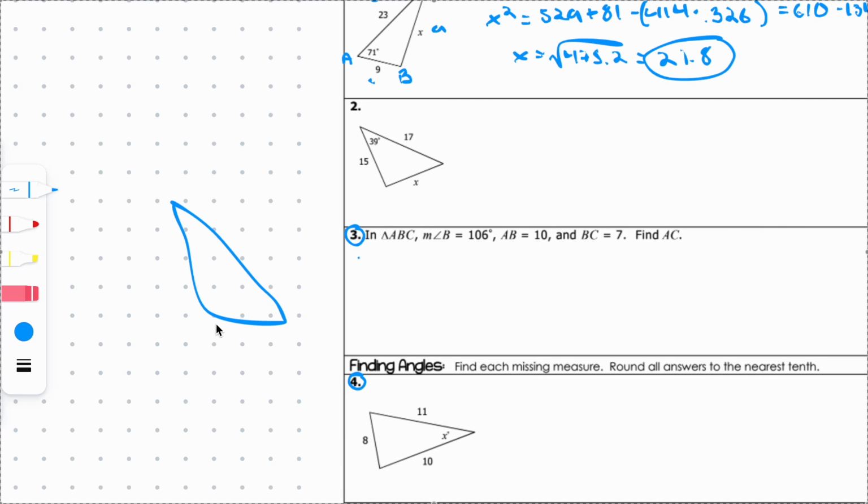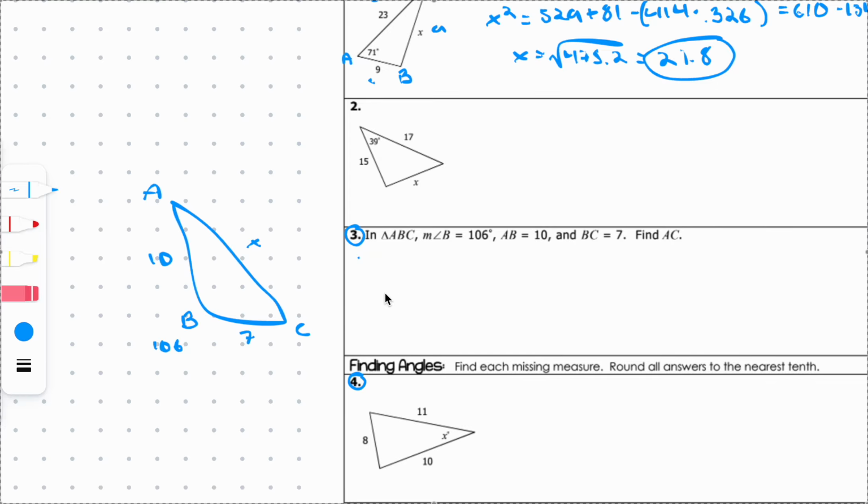Okay, something like that, where this is angle B, which is 106, and this we'll say is A, and this is C. So BC is 7, AB is 10, and we're trying to solve for this opposite side, AC, which we're going to say is x.